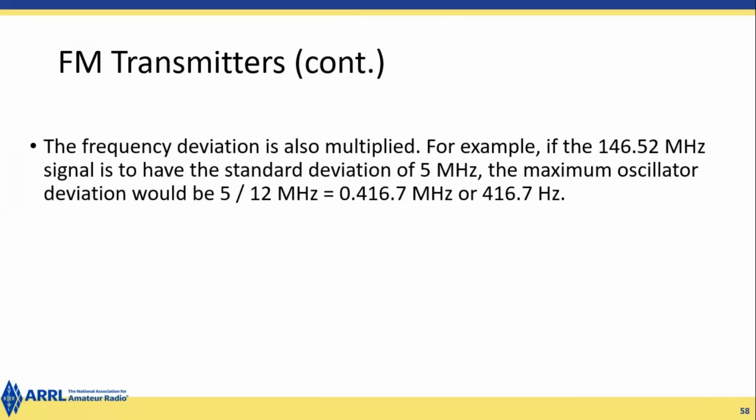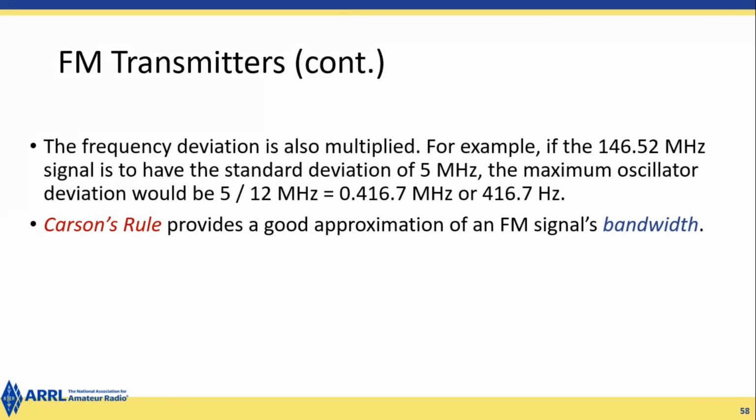For example, if the 146.52 megahertz signal is to have the standard deviation of 5 kilohertz, the maximum oscillator deviation would be 5 divided by 12, or 0.4167 kilohertz, or 416.7 hertz, because it gets multiplied along with the frequency multiplication for the FM transmission.